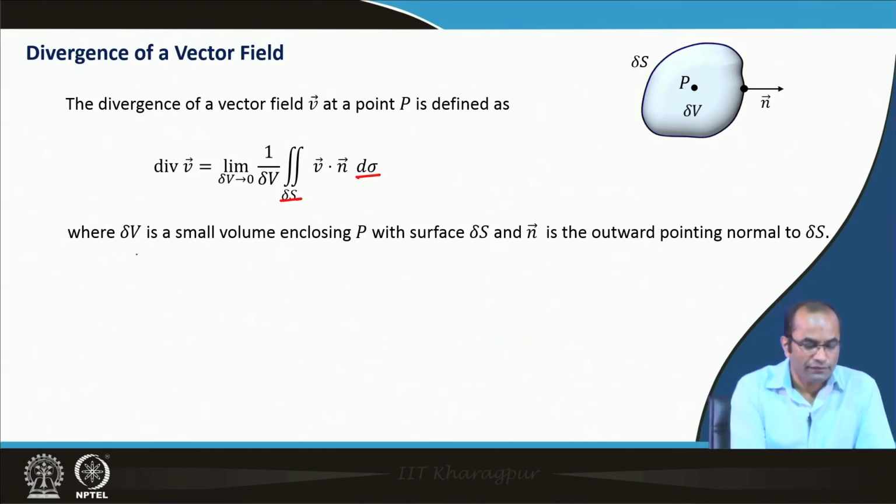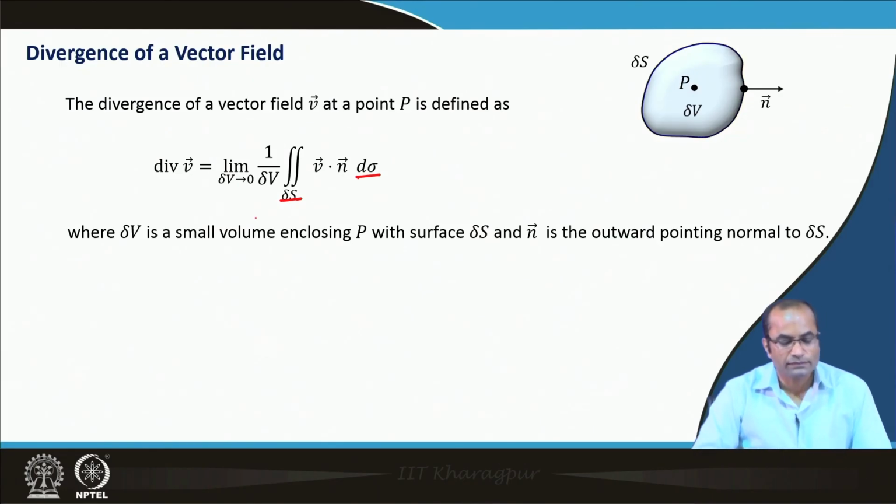Again here we have this delta V, a volume, and that is covered by this surface delta S around this point P, and this n is the outward normal to this delta S.